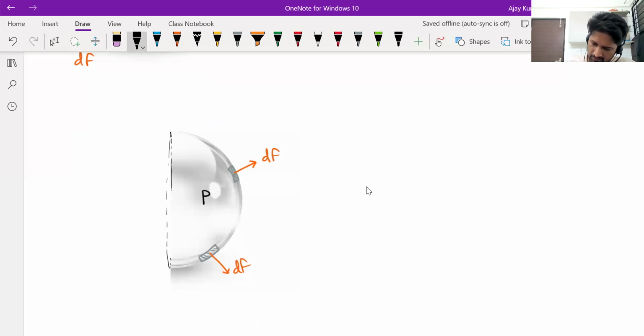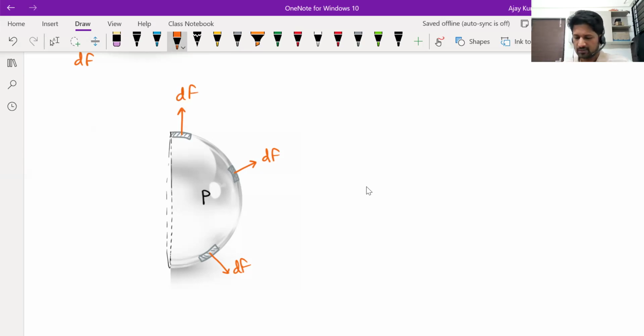It's a hollow sphere, so it's like a cup or a bowl kept sideways. There will be forces acting on every element here also, but the resultant of all these forces is not going to be zero. Definitely it won't be zero because there are no forces to cancel from the other side.